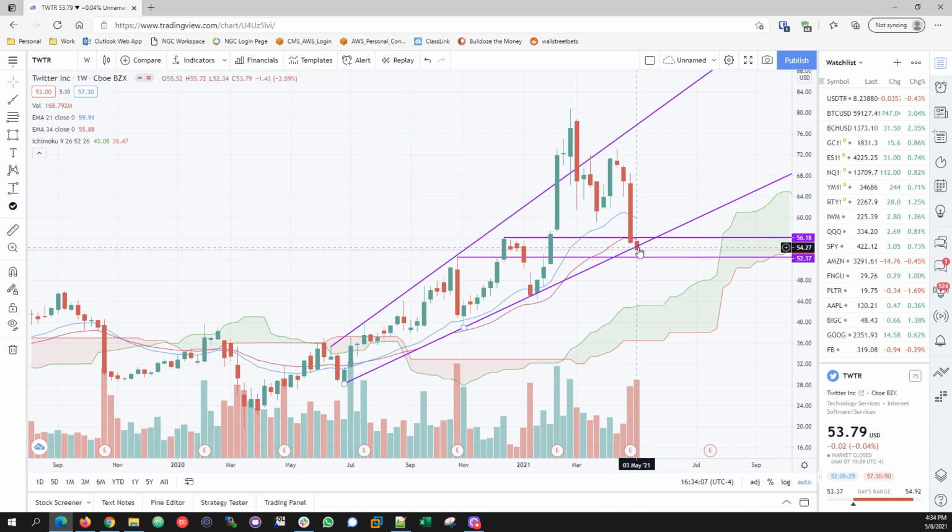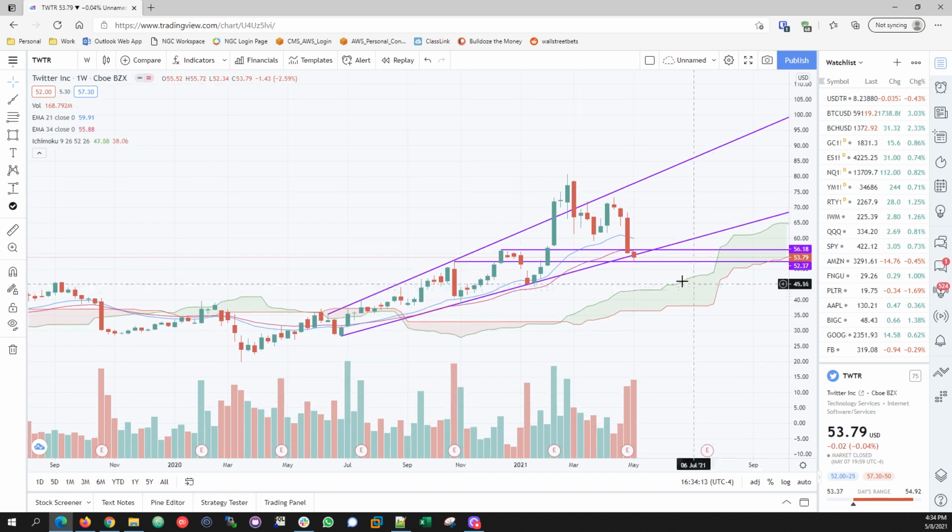Now, if you think this is a gift, then maybe, but look where the stock is coming from. It better get protected at the $52, $52.50 level. For six weeks in a row, it went up from 45 to 80, almost 100%.